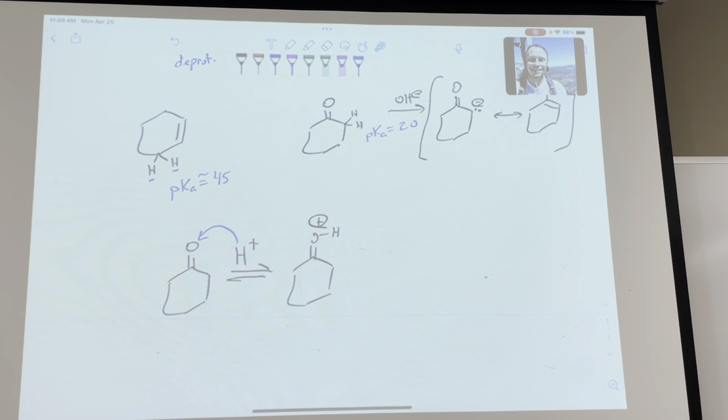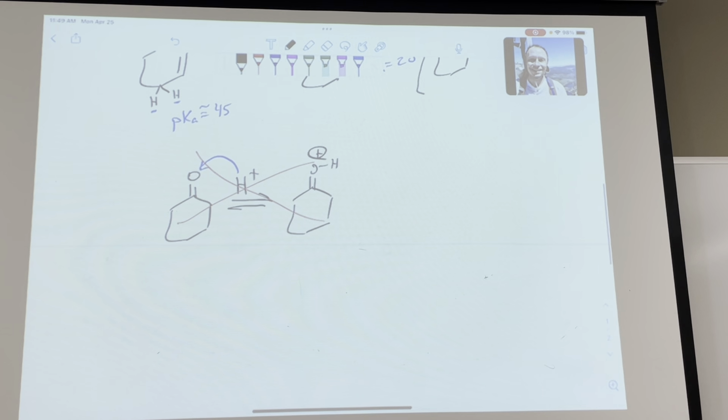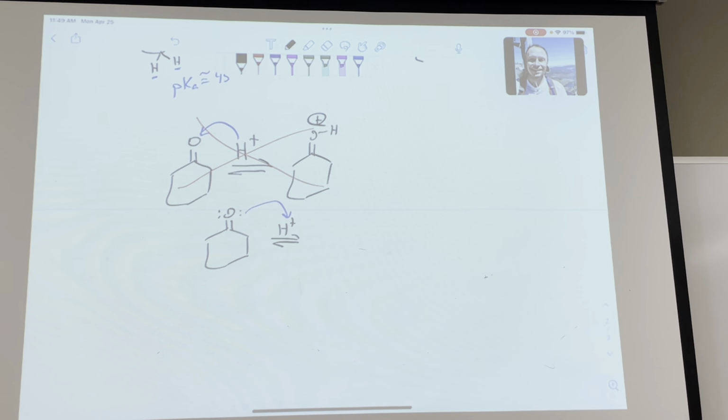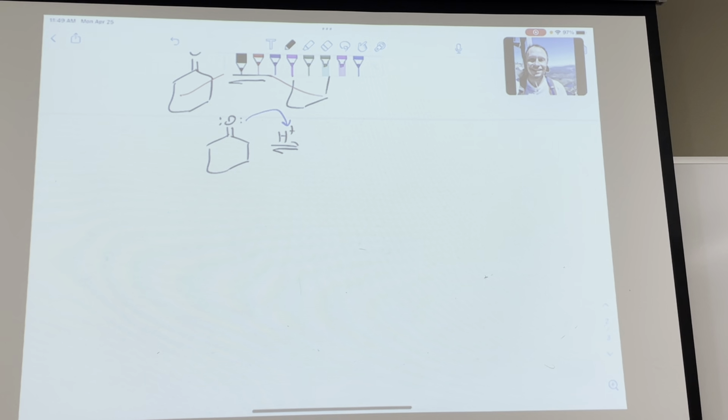So this is absolutely incorrect. The way we would draw that would be the nucleophile attacking the electrophile, not vice versa. Okay? Sorry to digress on that.